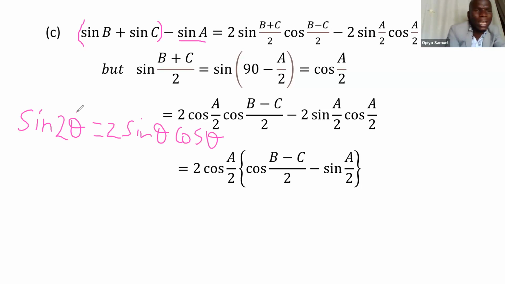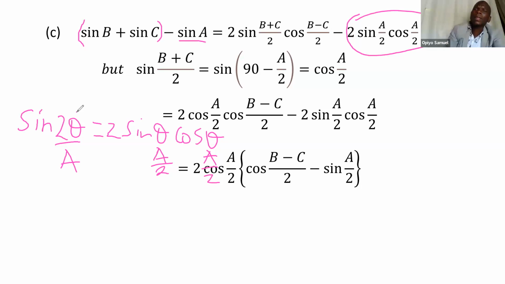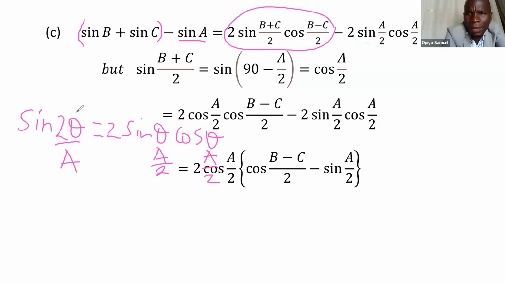So in this case, our 2 theta is represented by A, so it means theta is A out of 2. That's how we have got this part. Meanwhile, the first part here, we are using the factor formula for sine plus sine. So that is how we expand.